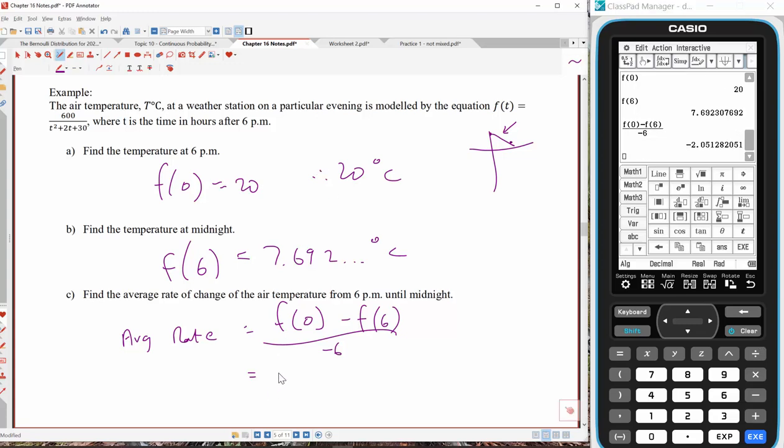And we've got negative 2.051 dot dot dot. And now we can interpret this rate as it has context. There would be suggested rounding here, but we're going to say that's that value there, and it's degrees per hour. That's what it's changing by. So it starts at 20, and every hour it decreases by about 2 degrees Celsius.